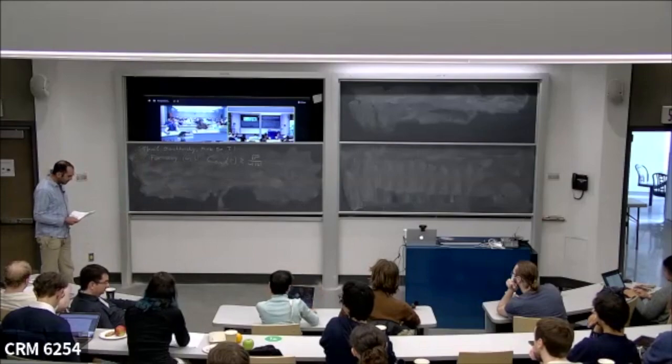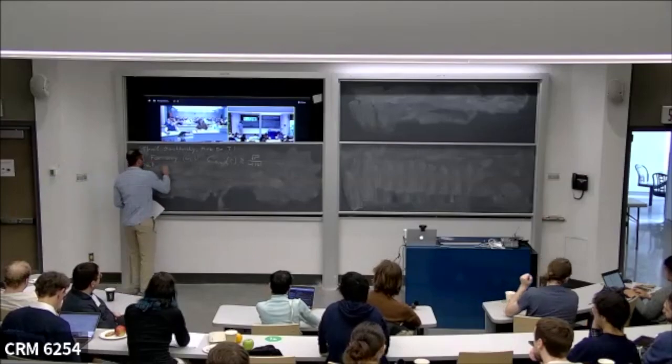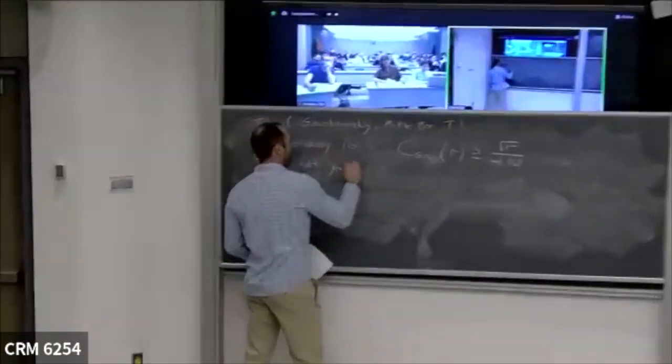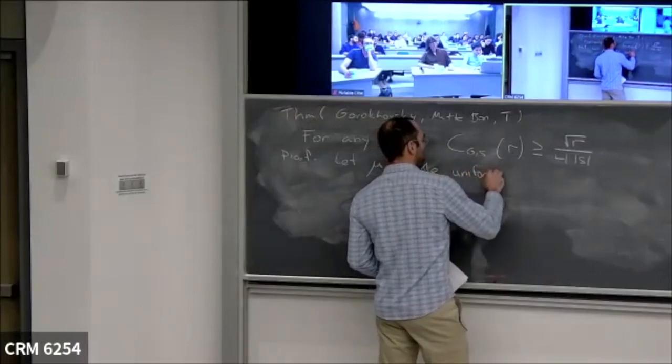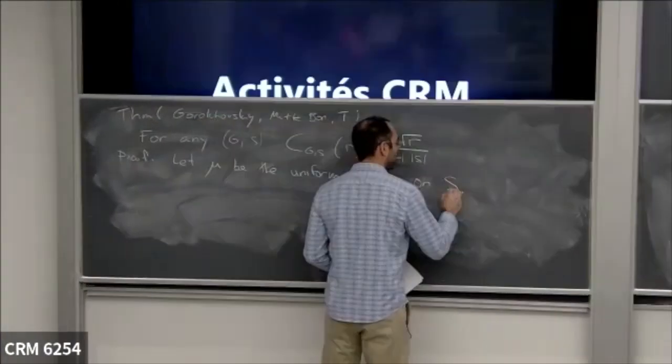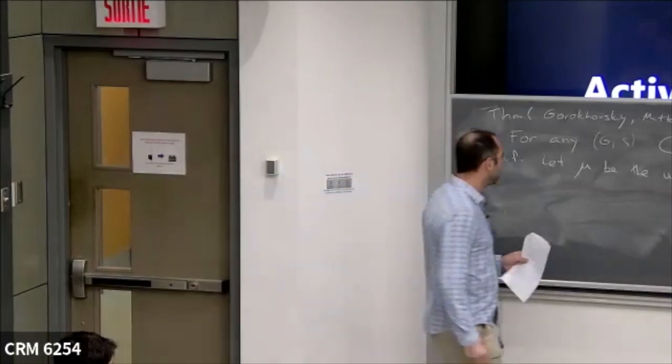So how do we prove this? We're going to let mu be the uniform measure on S, and we're going to do a mu random walk. I'm going to use probabilistic notation here.